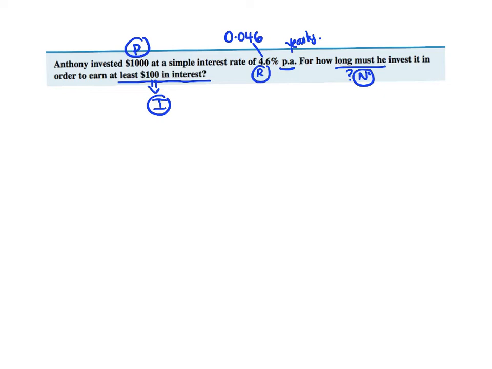So if you write the rule out that you know, so we know I equals PRN. So you know the interest, so I'm going to pop that into my equation. I know the P, it's 1,000, and I know the rate, which is times 0.046, and I don't know what N is.